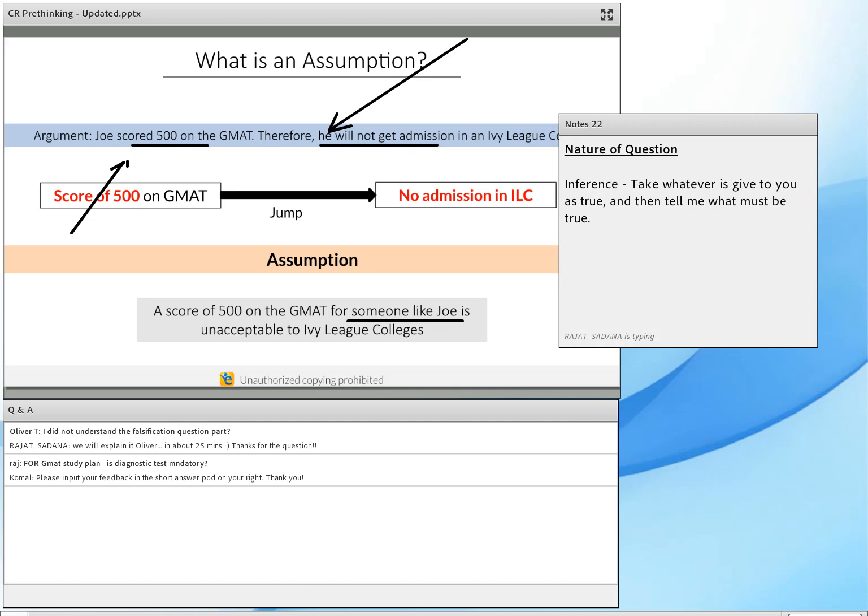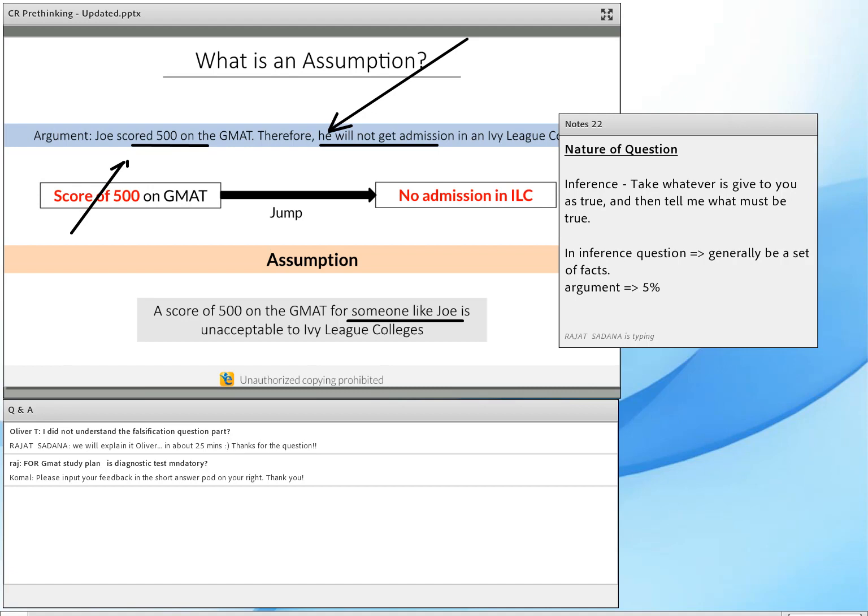Even in inference questions, you generally would not see an argument; it would generally be a set of facts. Only in about 5% of the questions would you actually see an argument, which means there's going to be a conclusion. But even when you see an argument, you take everything to be true.